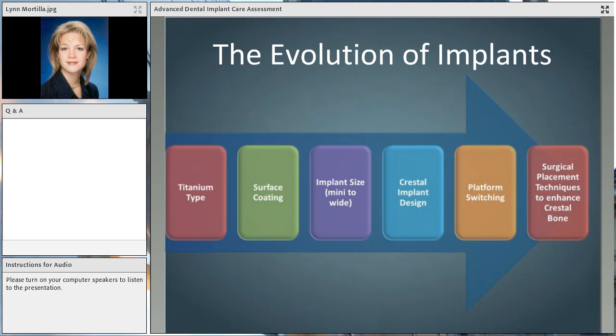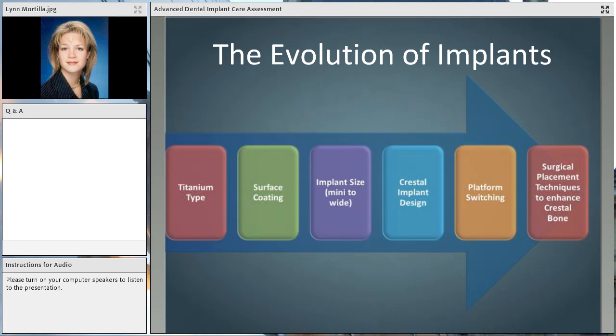We've seen a major change in surface coatings and designs of implants, how we choose to restore them, the parts and the pieces that we use. And now we're focusing on different sizes, different shapes to accommodate all sorts of different applications in our patients. We're also trying to focus on our surgery and our prosthetics so we can enhance the total outcome, because it's not just the clinical success of having bone bond to the implant and having a restoration in place, but patients are discerning.